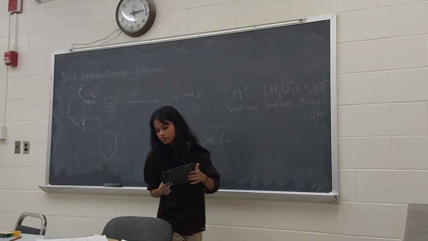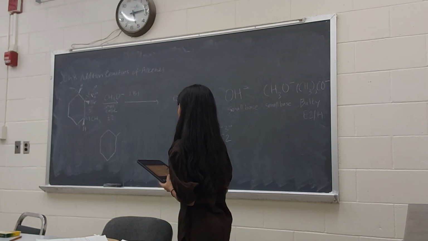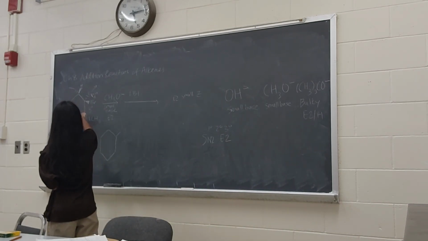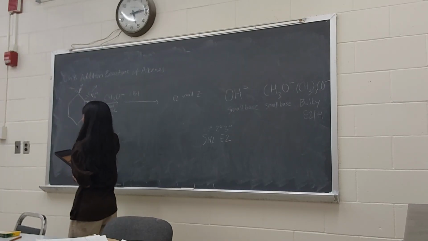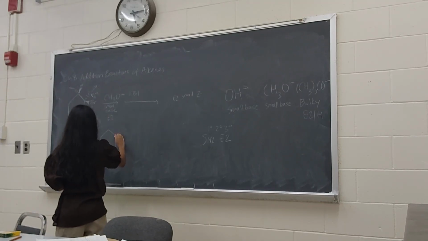Wait, but you cannot make a bond between Br and H there. No, it can't make it here either because this methyl is dashed, so the hydrogen on this carbon is wedged, and that would make both of them wedges. Oh, yeah. Okay.